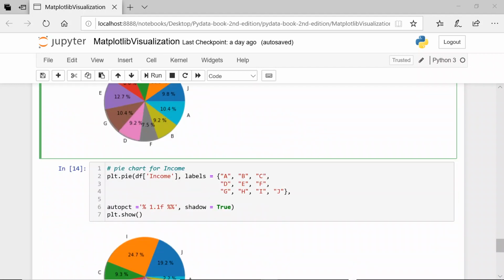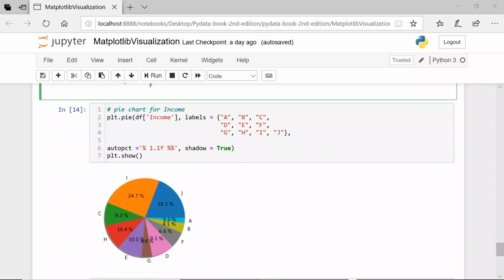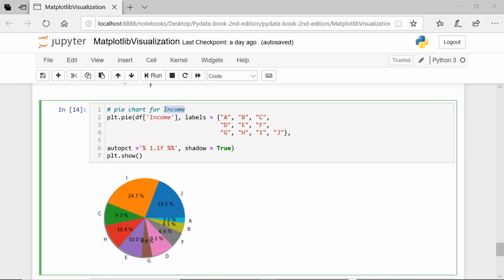And next, let's explore what's going to happen with our income data. Same rules here. We use the pie function, and here we want the insights on our income. The data we input is our data frame's income column, and we also give it labels, which are names, and follow the same formatting rules.